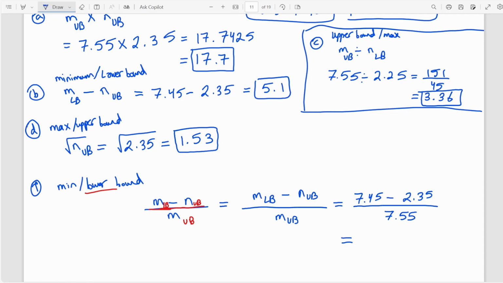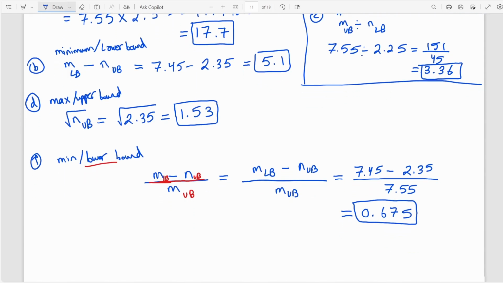We'll get our result. Now, rounded to three significant figures, you get 0.675, okay? This is the final answer. So I hope this was clear. If you understood it fully, you can skip to the next, but I will repeat explaining just one more time.